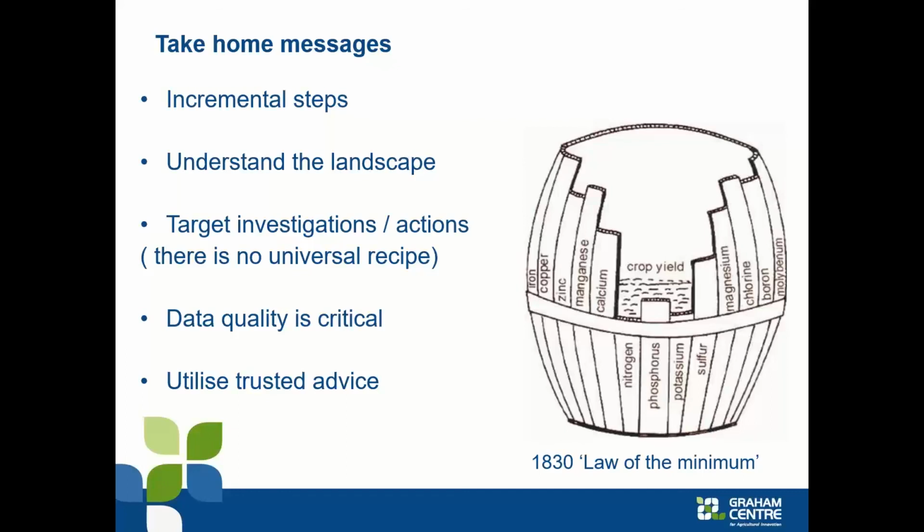We're not assuming that there's some magical recipe that's going to allow us to do the same set of activities in every paddock. We need to tailor our entire process to the individual paddock requirements, and understanding the landscape is really what we're about, and that ultimately comes back to understanding the soil and the potential of the soil that we're managing.